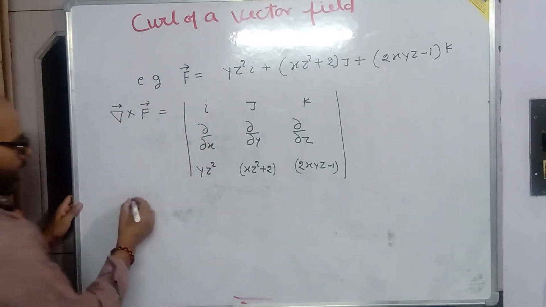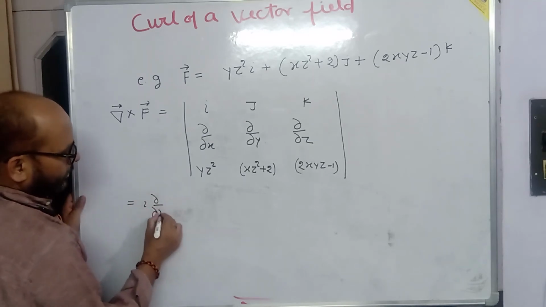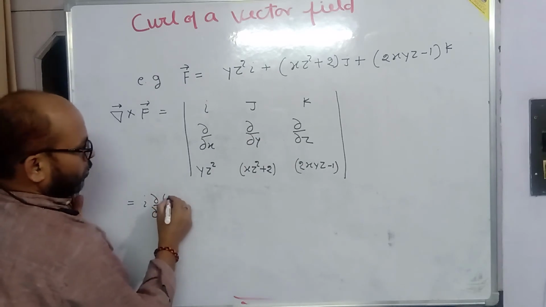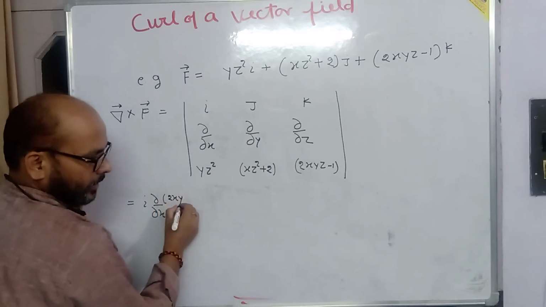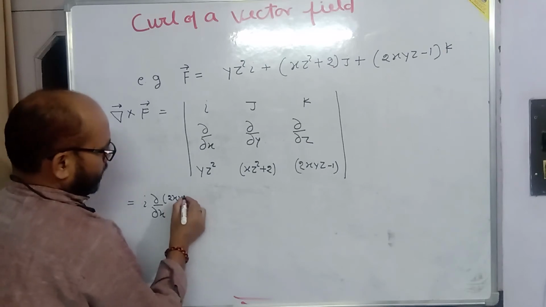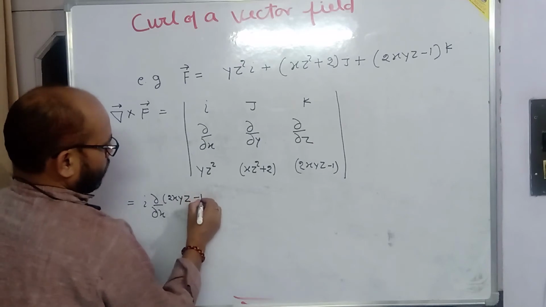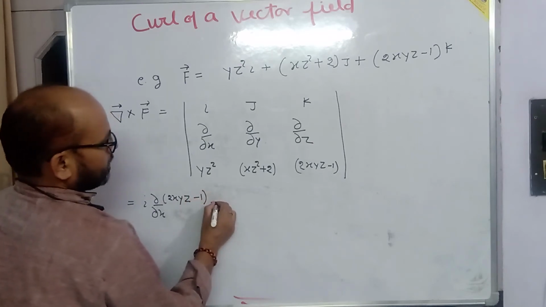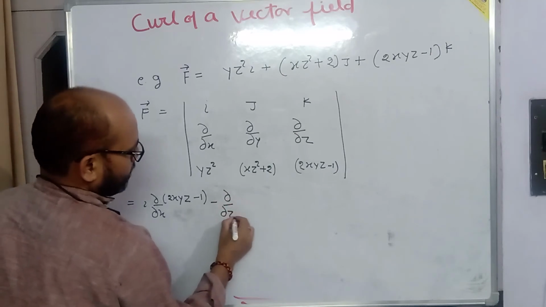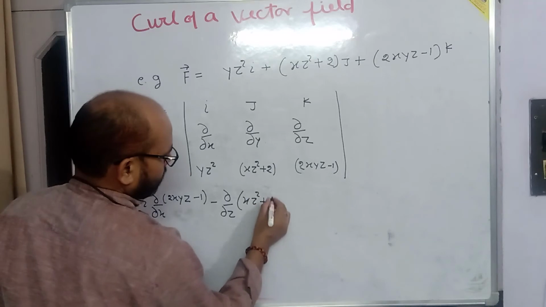Now expanding the determinant: i cap times del by del y of 2xyz minus 1, minus del by del z of x z square plus 2.